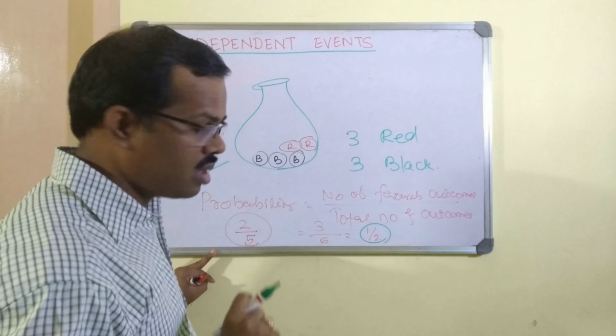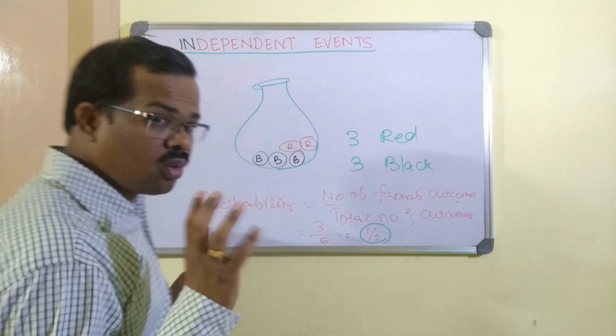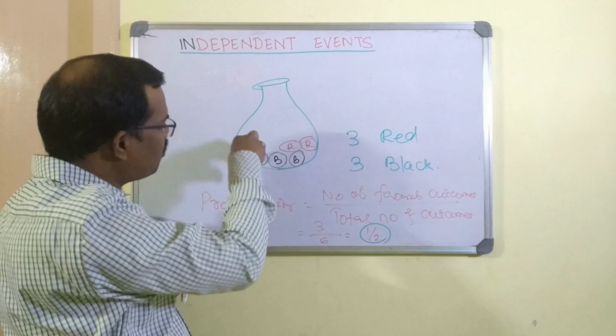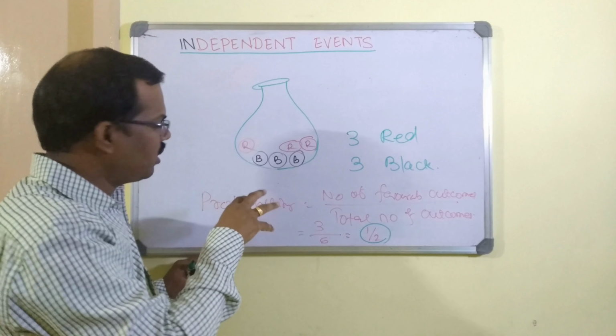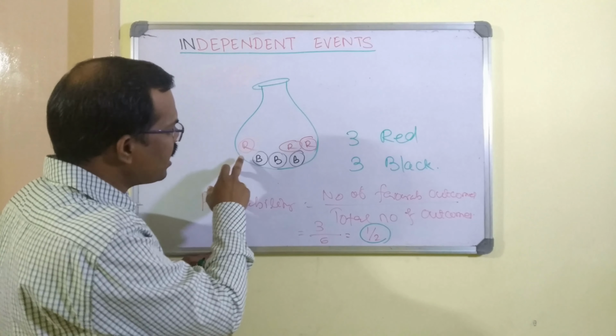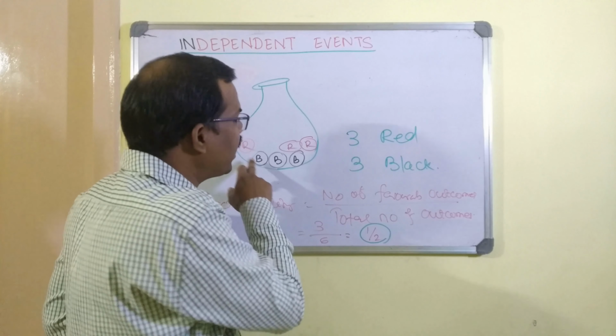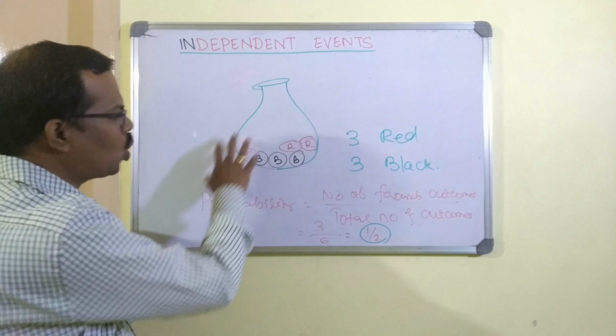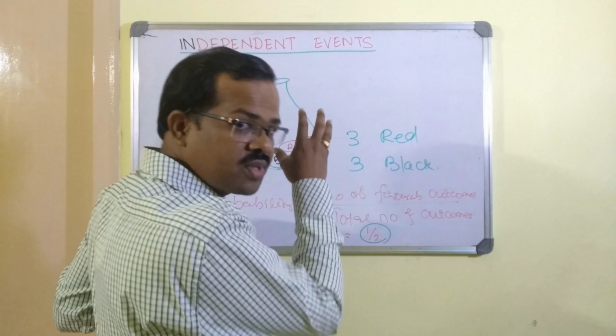Now I am turning these things around. Now think about the scenario. After picking the red ball, I am going to replace it in the bag again. So that means again I replenish the red ball. So again the number of red balls inside the bag became 3 and the total number of balls inside the bag became 6.